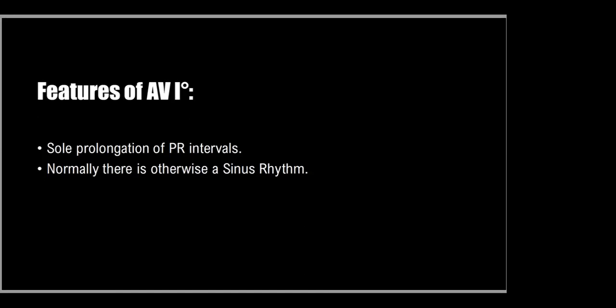So if you look at an ECG, you will find that we have a P wave and a QRS complex, and each and every P wave is followed by a QRS complex. So it requires somebody to be very, very careful, because if you don't know the physiological timings, you can easily misdiagnose AV block of the first grade.